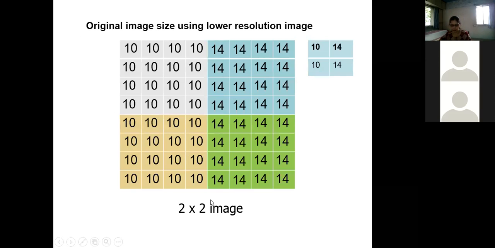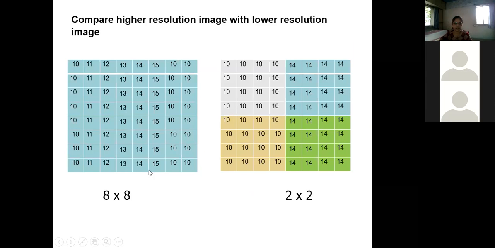Because of a low resolution capturing device, say we have only 4 samples as shown here, but by upsampling we can reconstruct the image of original size. This is an image captured using a higher resolution technique or device, and this is the same image captured using a lower resolution device.